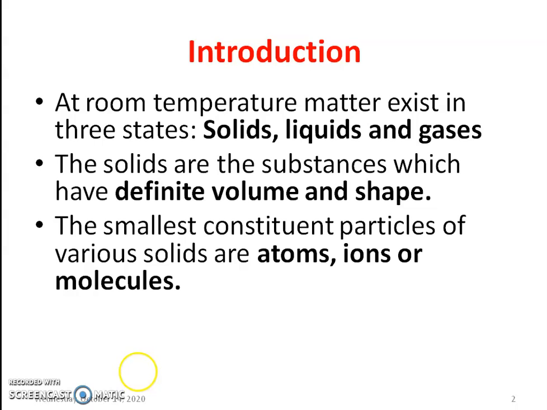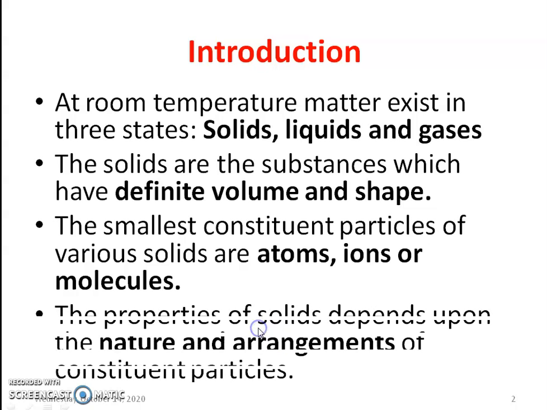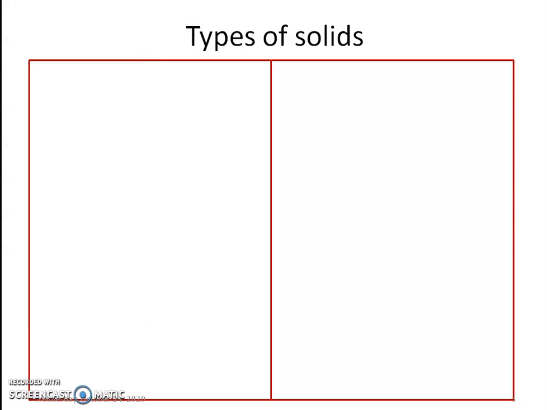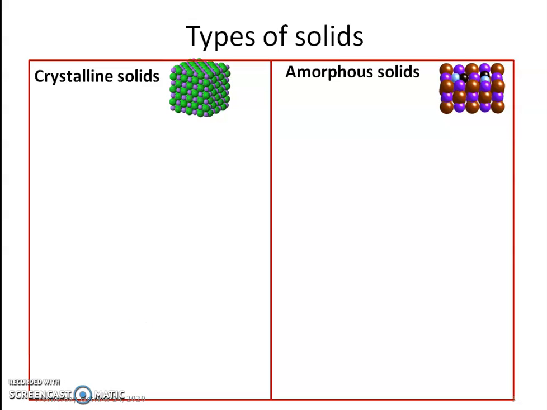The smallest constituent particles of various solids are atoms, ions or molecules, and the properties of solids depend upon the nature and arrangement of these constituent particles, that is atoms, ions or molecules. Now there are two types of solids: crystalline solids and amorphous solids.